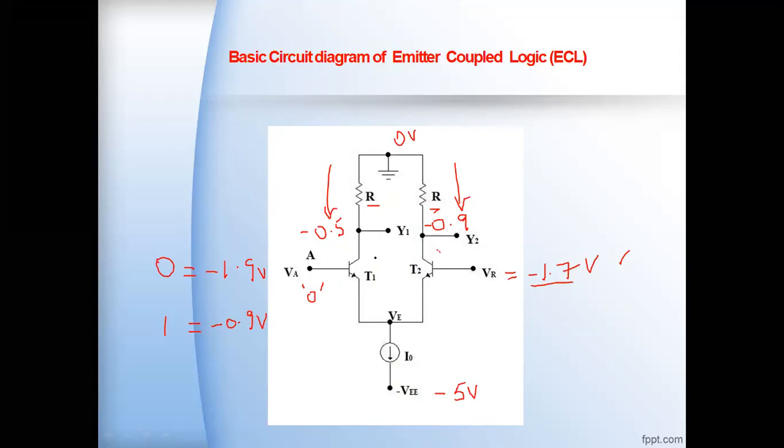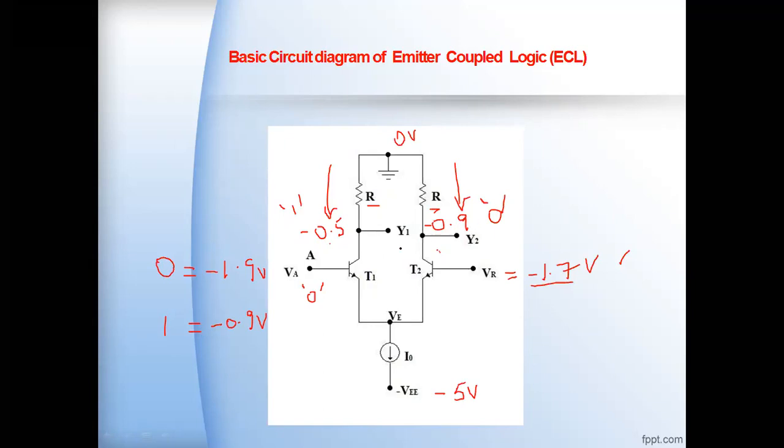The output of the transistor T1 is treated as the logic 1, and the output at the collector of the transistor Q2 will be treated as the logic 0 here. Is it right? Because they are negative voltages. Whichever negative voltage is higher value, that will be treated as the logic 1. Whichever negative voltage is lower value, that is treated as the logic 0.